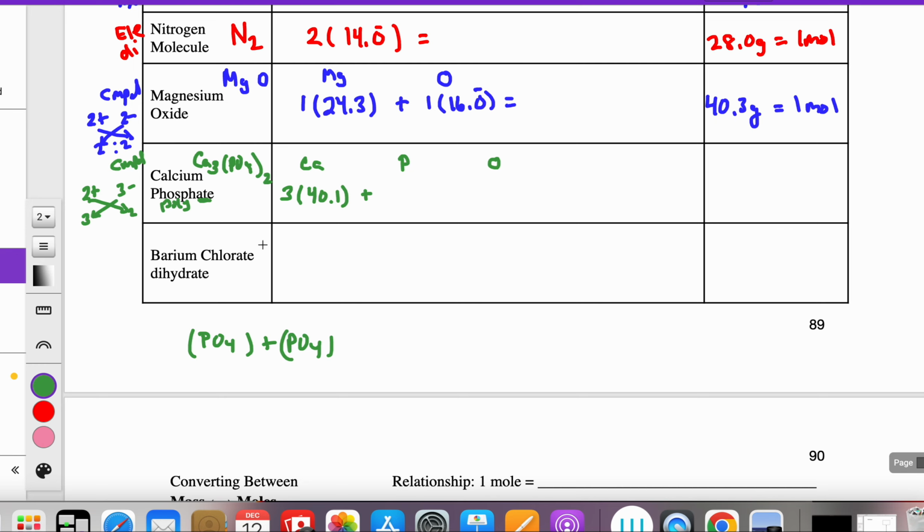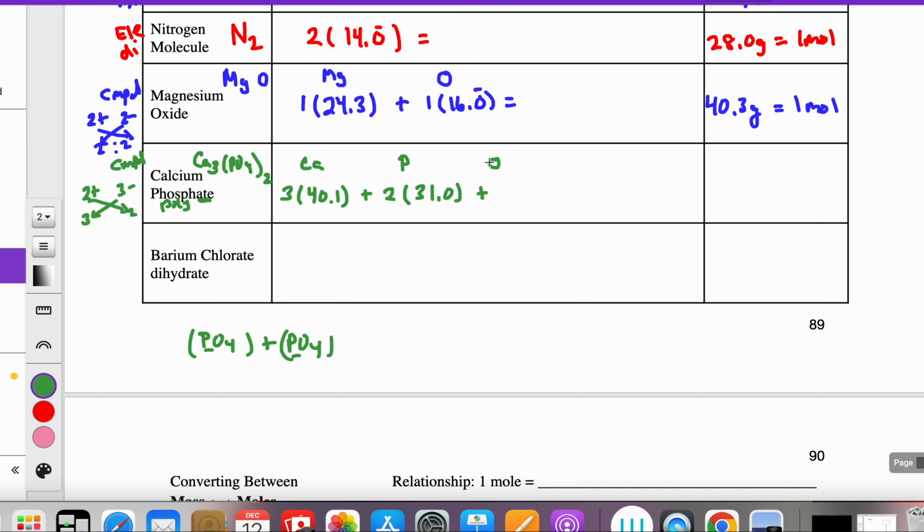So each phosphorus unit, there's 2 of these phosphate units, each one contains a phosphorus. So 2, the subscript on the outside, times the subscript of 1 on the inside. I have a total of 2 phosphoruses in this compound, and each one contributes a mass of 31.0.